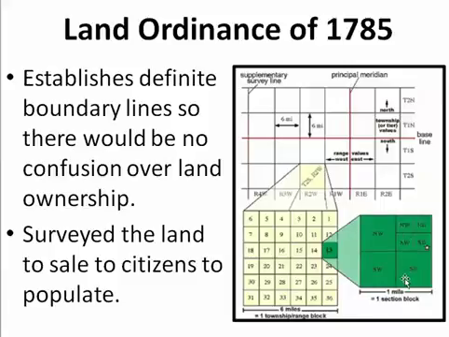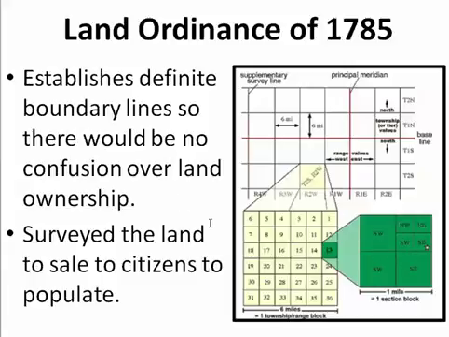And what they would do is auction off one section like this one in green for no less than $1 an acre. So each section here would cost $640. This is a way that they could get money for the new United States government and allow people to go out and buy these areas.